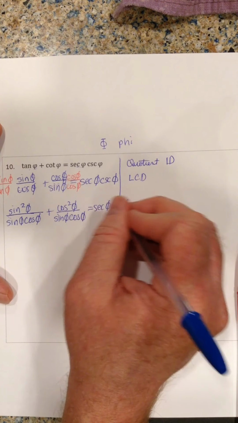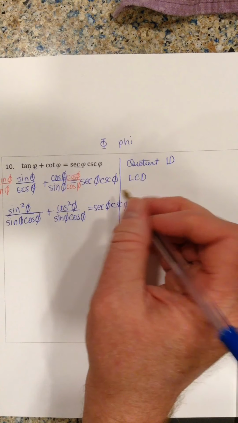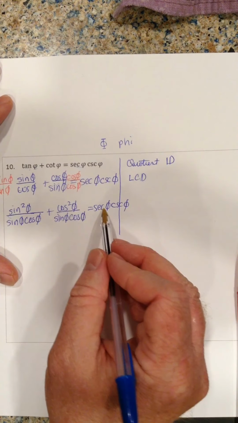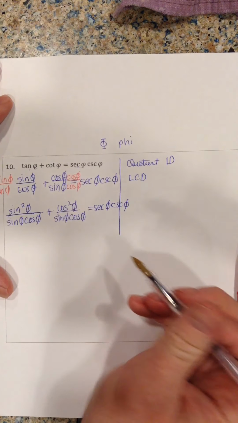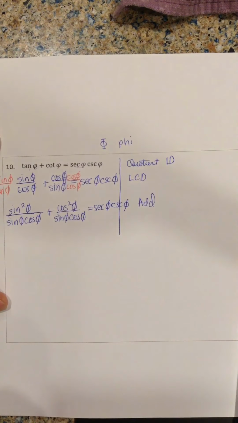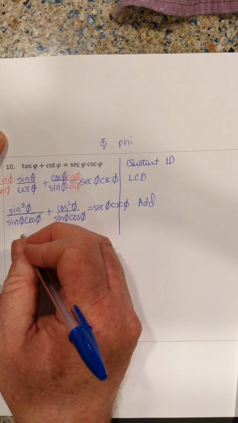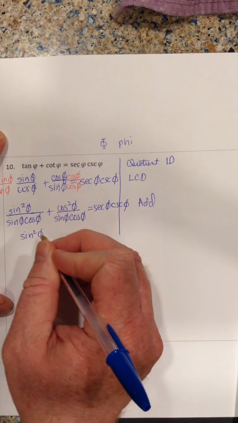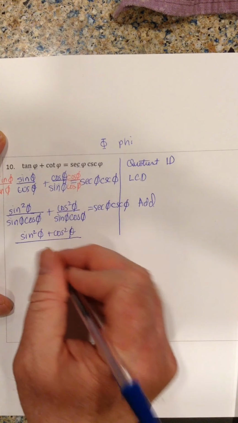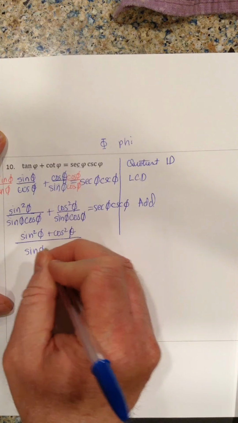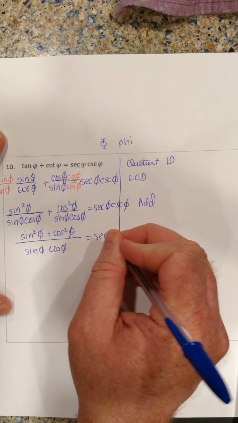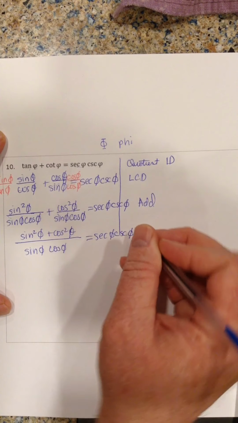And again, rewriting the right side keeps it as an equation, an identity, and it keeps an eye on your target. So I'm going to add these two fractions up, and I'm going to get sine squared of phi plus cosine squared of phi over sine of phi cosine of phi equals secant of phi cosecant of phi.